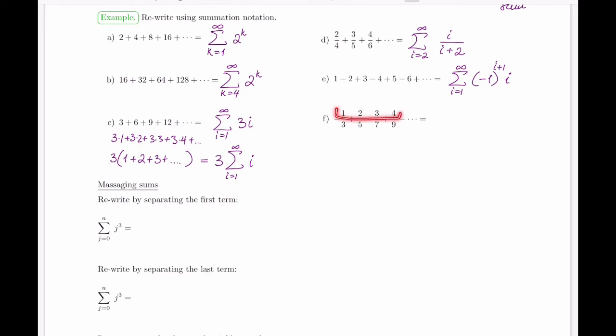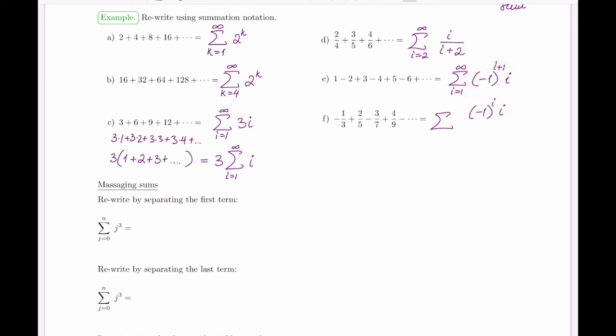Notice that the pattern on the top is 1, 2, 3, 4, and so on. So the same index i, except now the pluses and minuses occur in exactly the opposite way. So here is where I know I'm going to have -1 to power i times i, because that's exactly what didn't work last time.